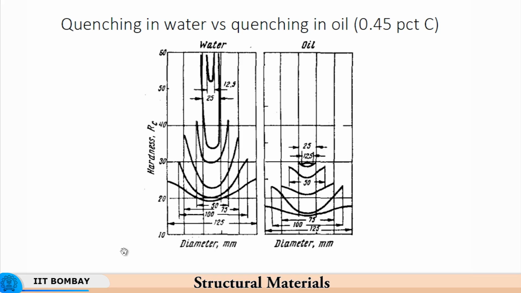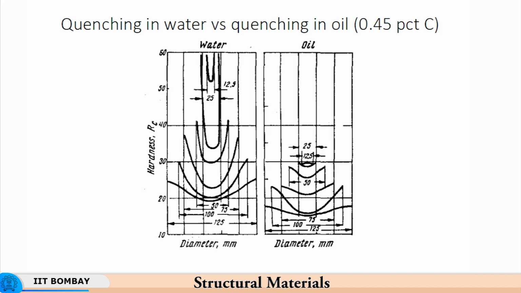Now, oil gives you a much gentler cooling rate, due to which even with a small diameter of around 25 millimeters, the hardness achieved is much lower because of the lower cooling rate, and the distribution is also much more gentle. So, you can use oil for, say, tool steels or materials having very high alloying content with low thermal conductivity, where you do not want a very high rate of cooling.